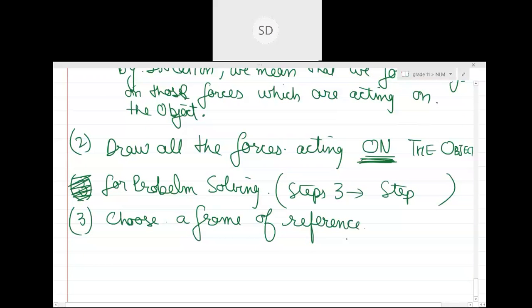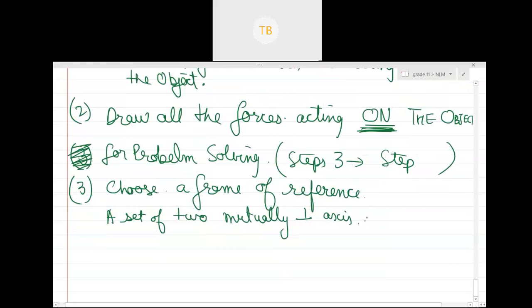Choose a frame of reference. What is a frame of reference? Basically, it's just a set of, I'll write that as well, it's a set of two mutually perpendicular axes, basically drawn on the object.